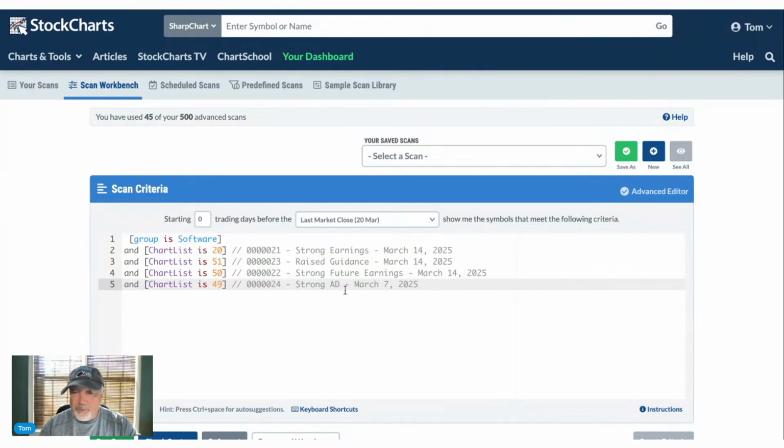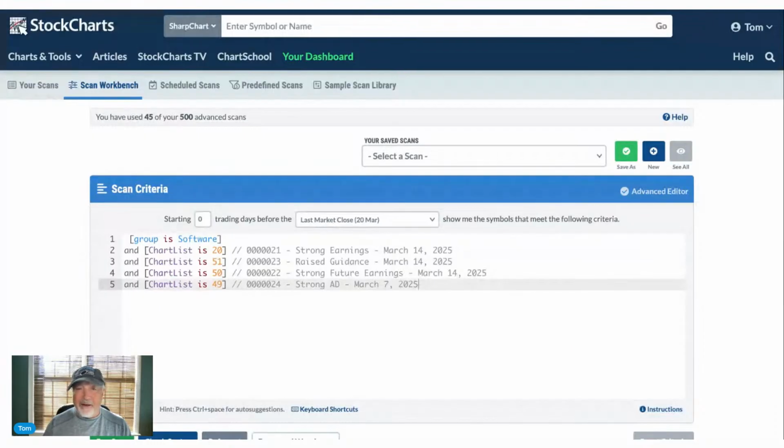Now, some of these groups, like strong AD, it doesn't matter what the scooter score is. Generally, I do filter with the scooter score, but strong AD is mostly focused on the AD. Raised guidance is going to be focused on simply whether or not a company has raised guidance and if the chart looks decent or we have key support levels that we can monitor, that sort of thing.